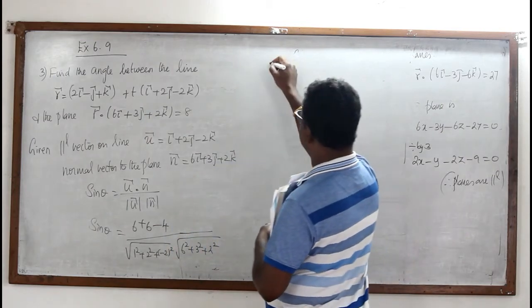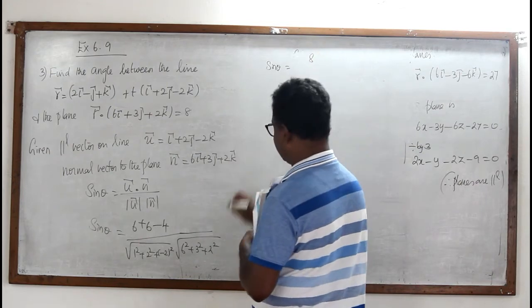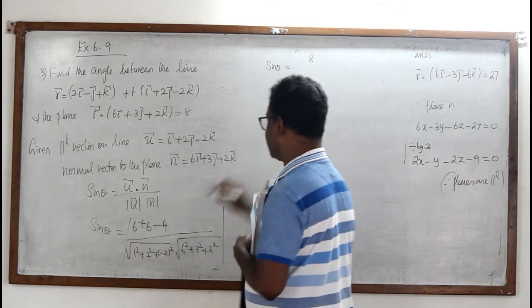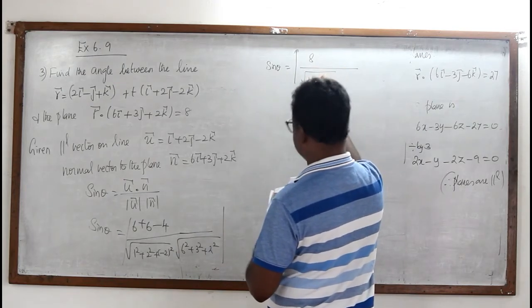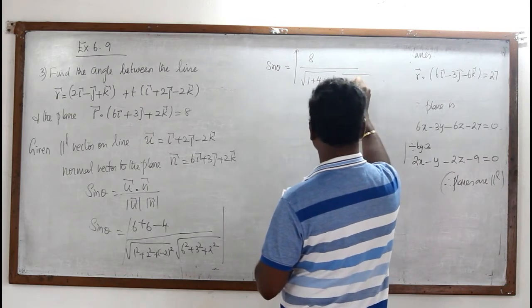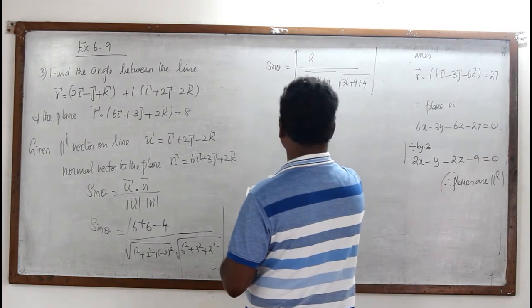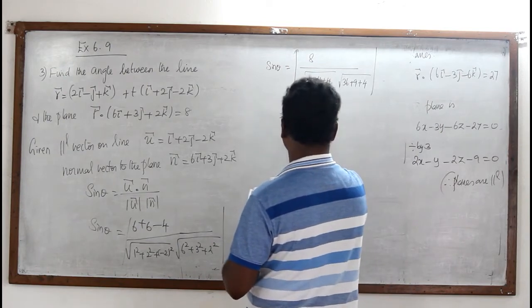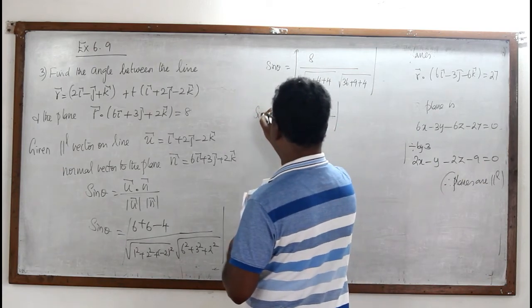So let me simplify. Sin theta equal to 12 minus 4 is 8, of course modulus. It is 8 by root of 1 plus 4 plus 4, and this is 36 plus 9 plus 4. This is 8 by root 9 into root 49, the modulus of sin theta.